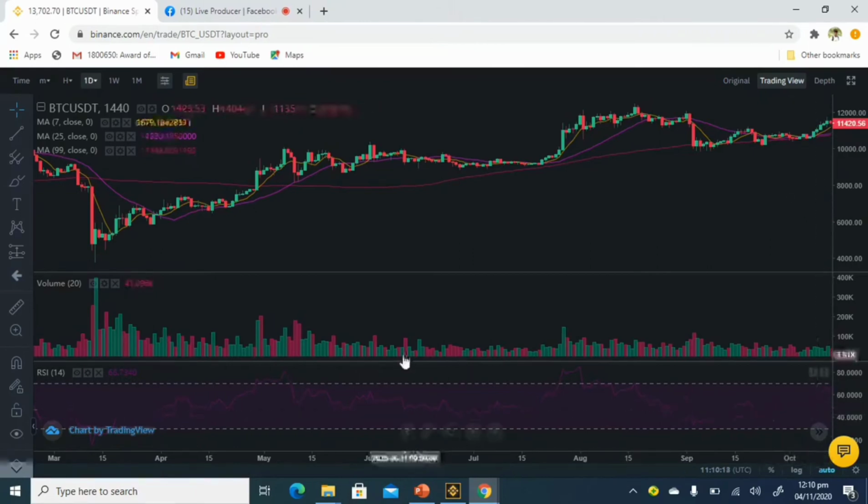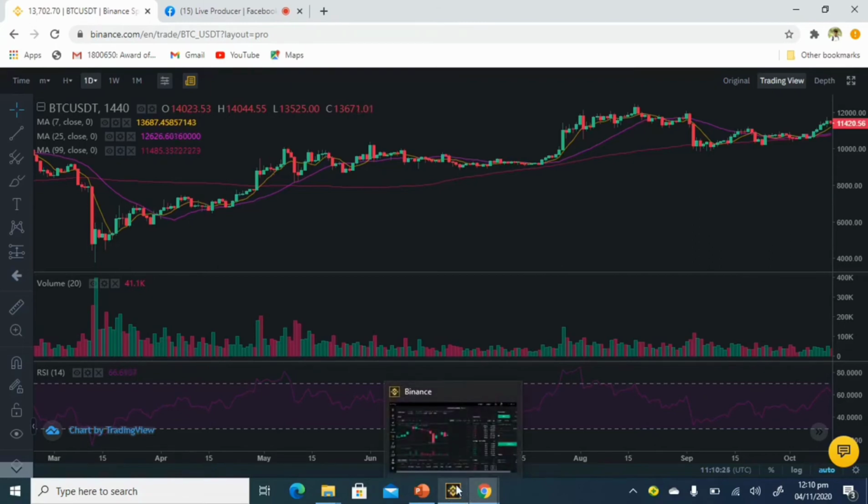Now anything below 30 is the oversold region, and anything above 70 is the overbought region.